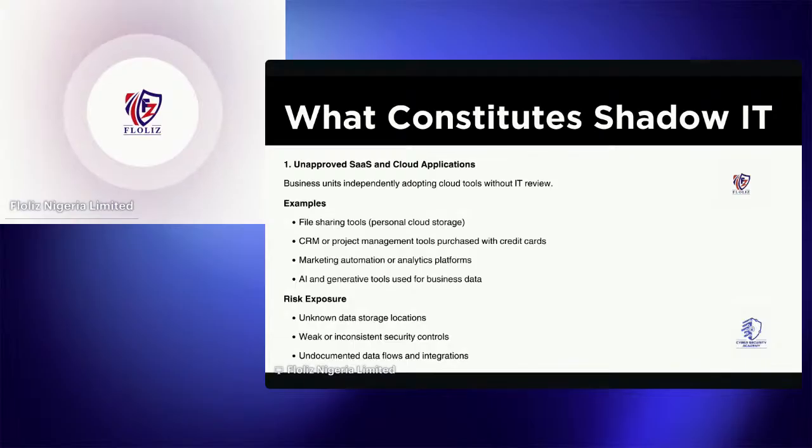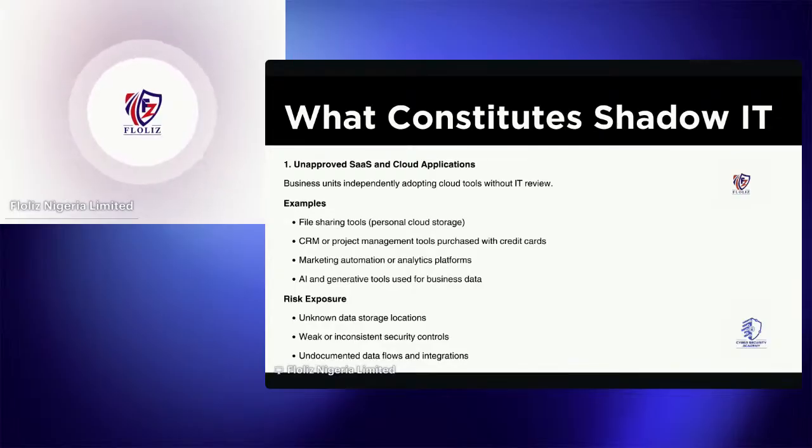So, what are the common ways shadow IT can come into play in an organization? So, looking at software as a service and cloud applications, business units may work independently. And in order to achieve certain goals, they may adopt sharing tools that are not integrated in your core infrastructure. Tools for project management, tools for marketing, tools for AI analytics.